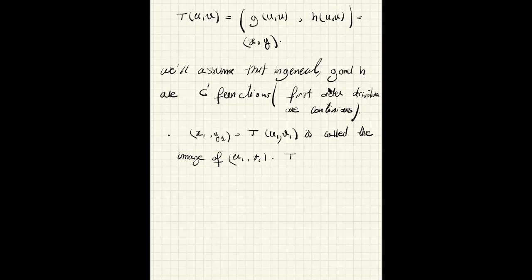T is called one-to-one if no two points have the same image.